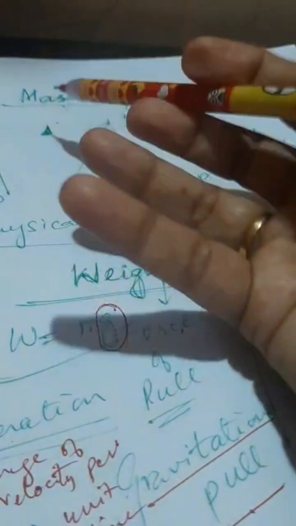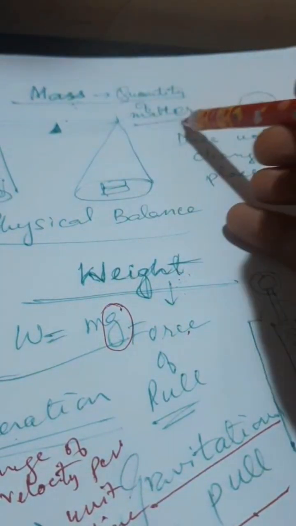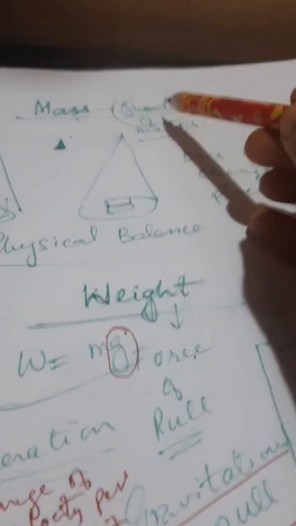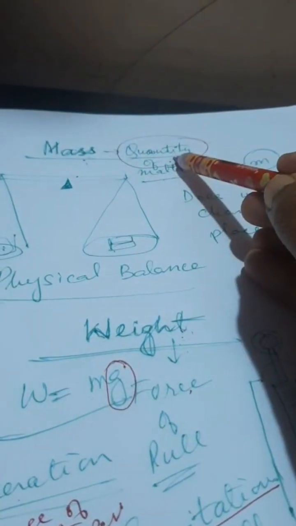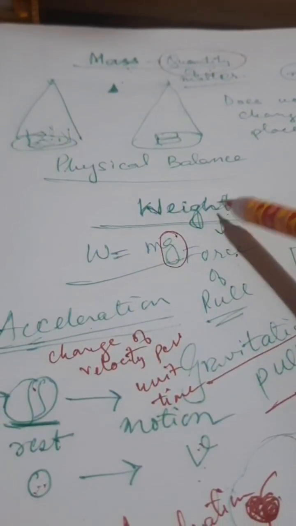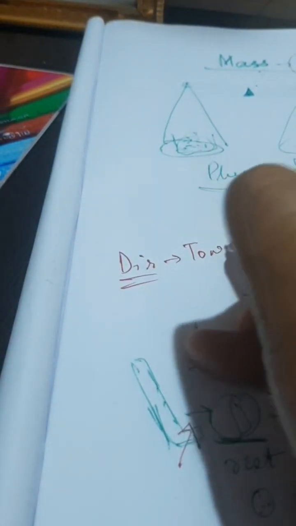It is just some amount of matter. It is just a quantity of matter. Some quantity cannot have direction. All right? But weight has a direction. And what is that direction? That direction is towards Earth.